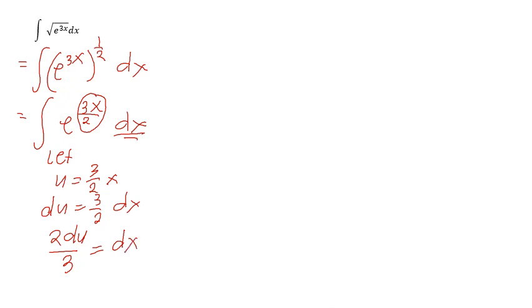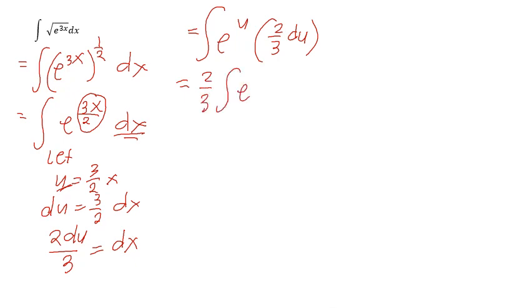Now we could substitute these values into our equation, so we will get the integration of e raised to 3x all over 2, which is equal to my u, so e^u, then dx is just equal to 2 over 3 du. So I need to factor out 2 over 3, and I'll get the integration of e raised to u du.